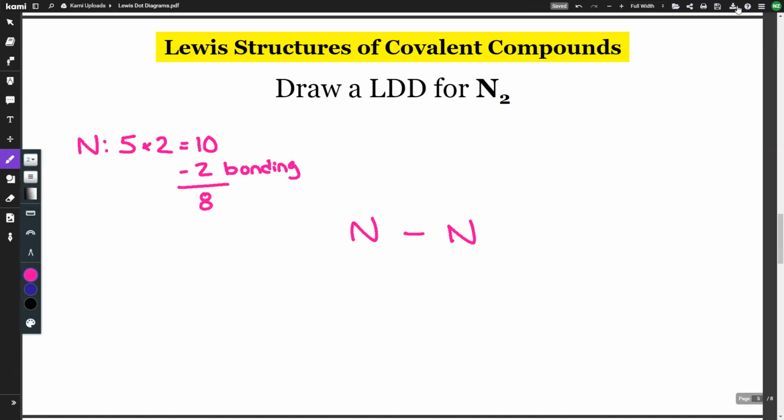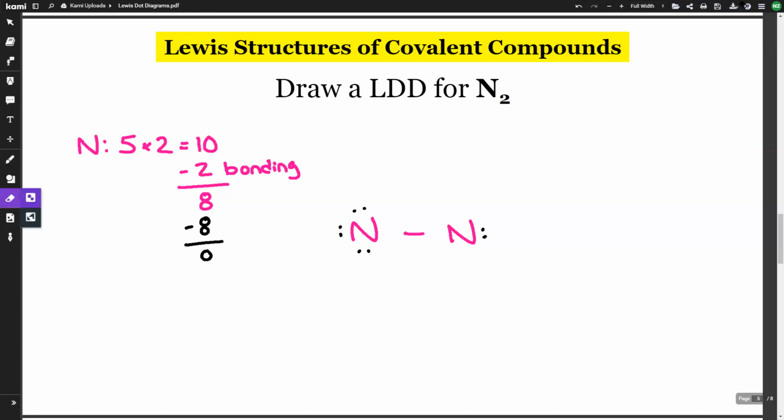And we'll do the same thing. Let's try to place them where we can. 1, 2, 3, 4, 5, 6, 7, 8. All right. The nitrogen on the left gets 2 from the middle. 4, 6, 8. It's happy. The nitrogen on the right has 2, 4.